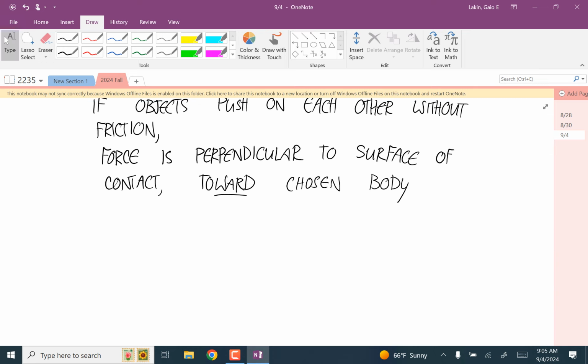For example, if you have these objects, let's say this has a mass of 7 kilograms and it's pushing on another one with a mass of 5 kilograms.